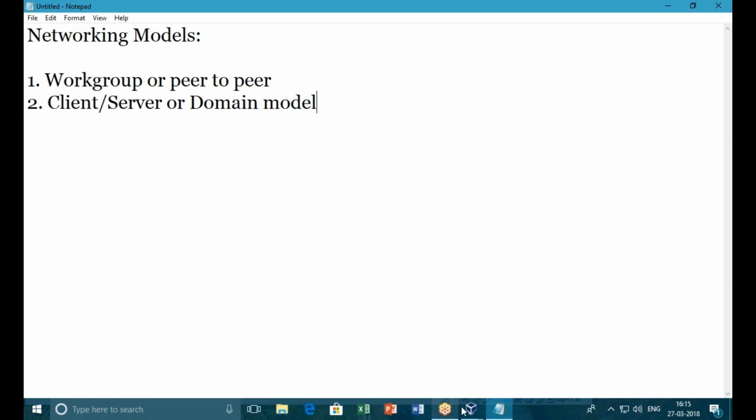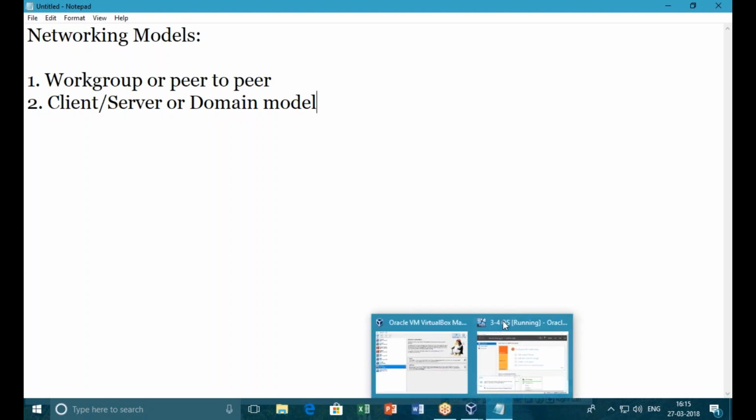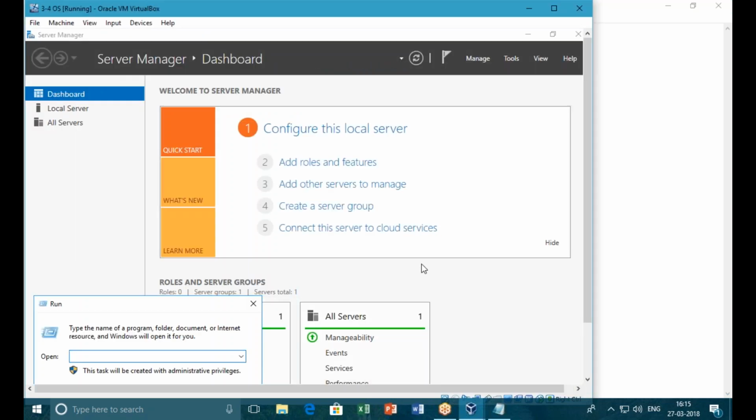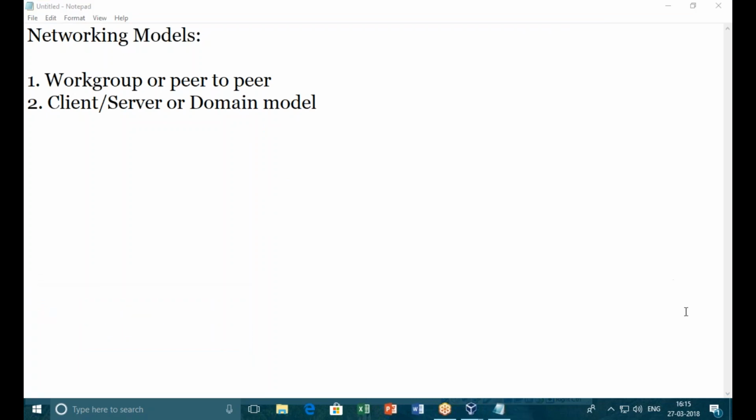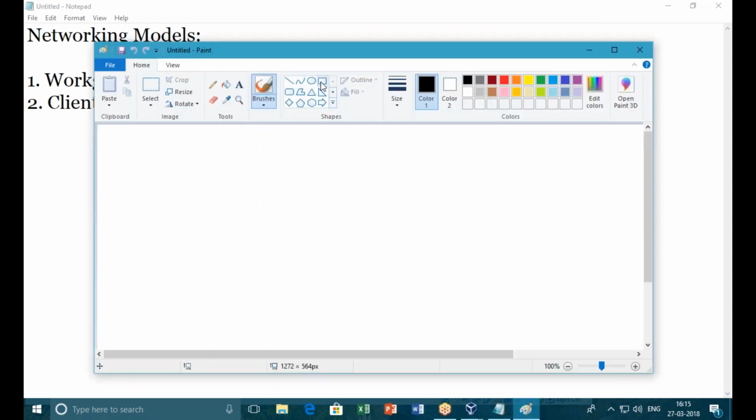In workgroup, let's say you're having a switch or hub to which the devices are connected.